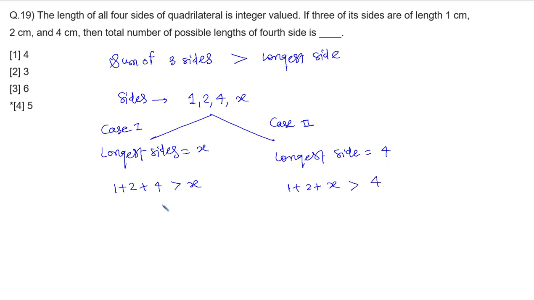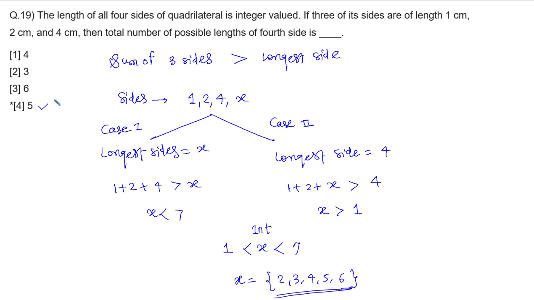So let's have a look at it. So over here the value of x should be less than 7 and the value of x should be greater than 1. So the condition on x is greater than 1 but less than 7 and integer along with this. So x can take 2, 3, 4, 5 and 6. These are the 5 values x can take.